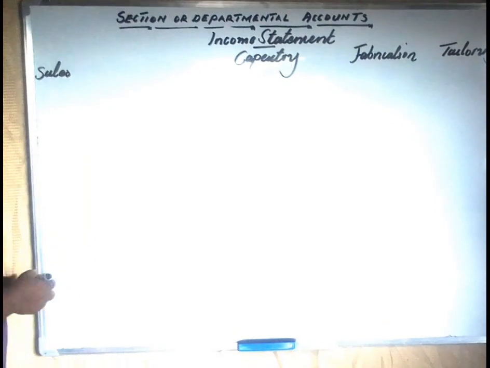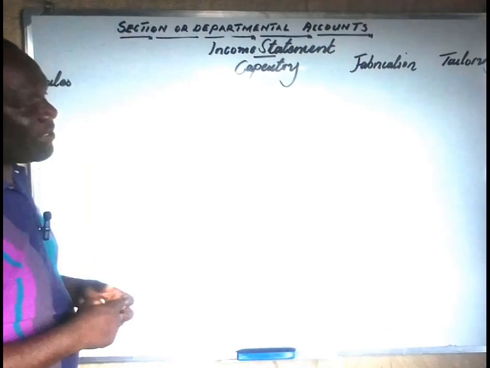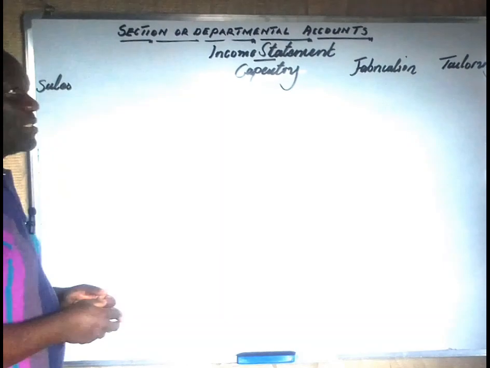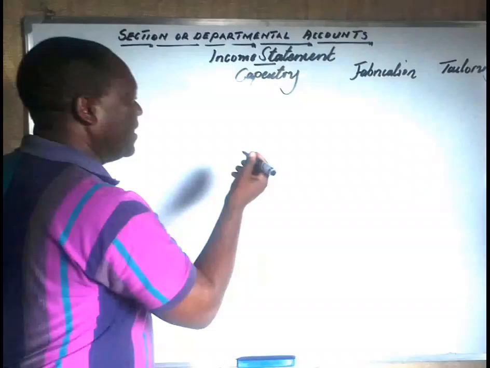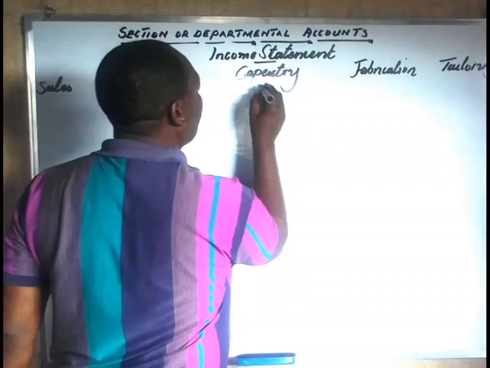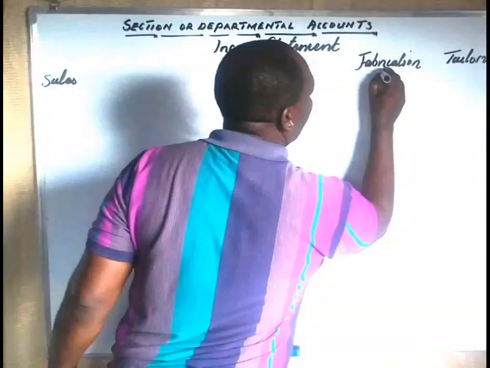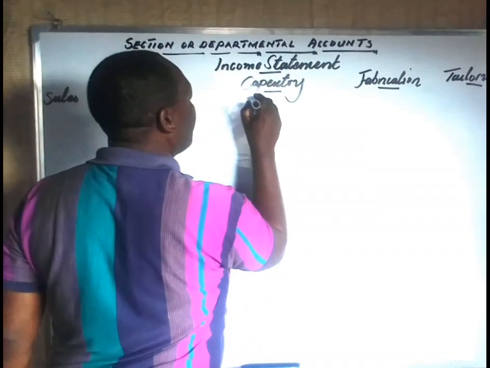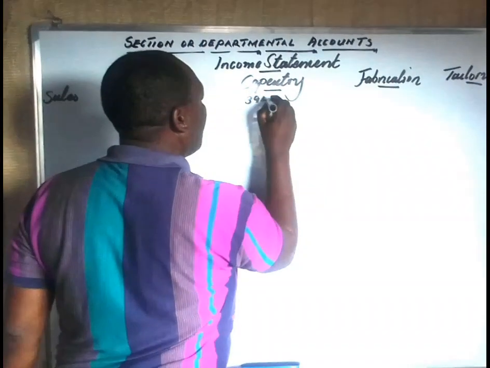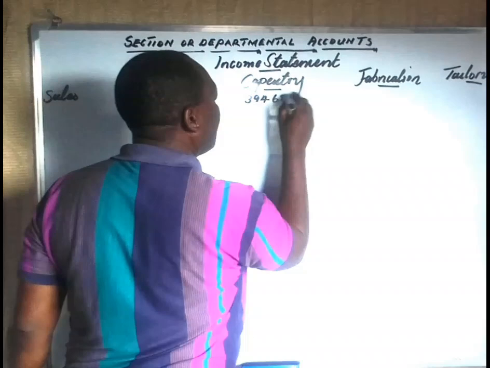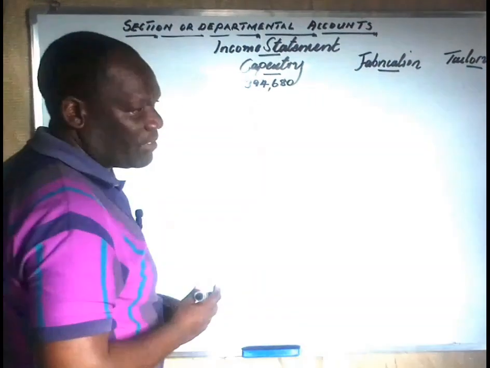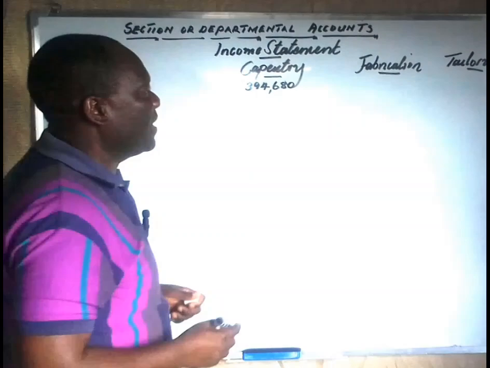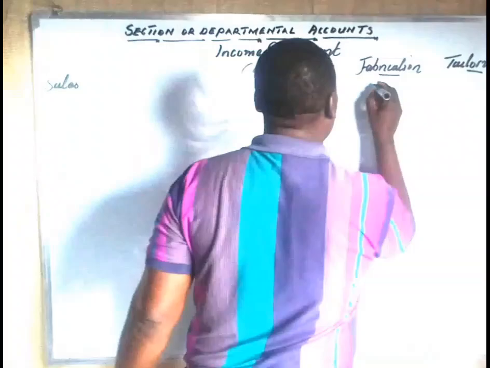If you remember very well, our sales was as follows. We had the 394,680 for carpentry, and then we had the 300,000 for metal fabrication.